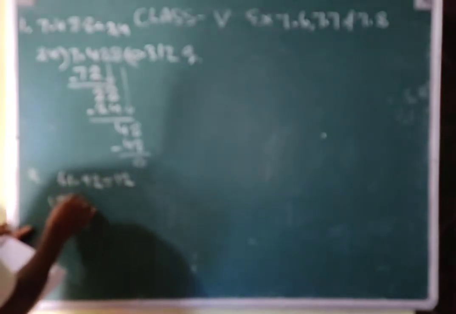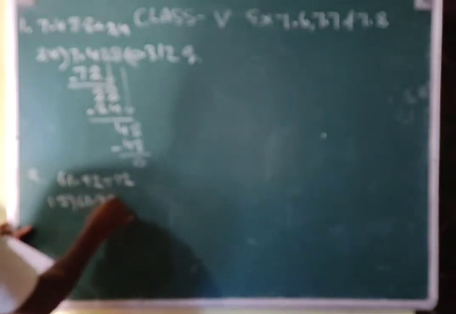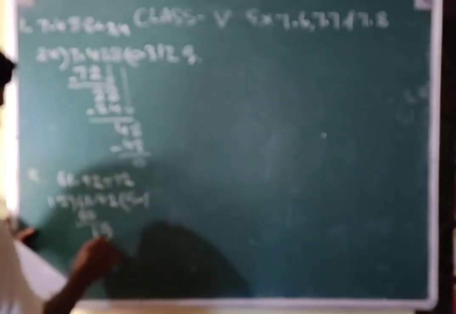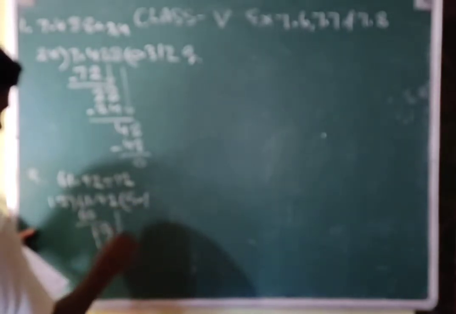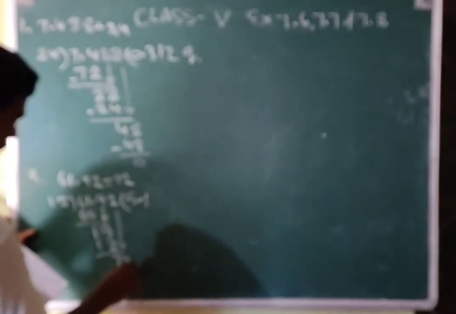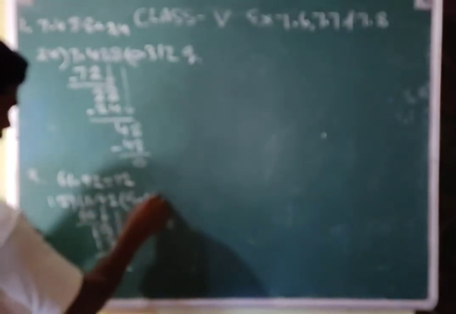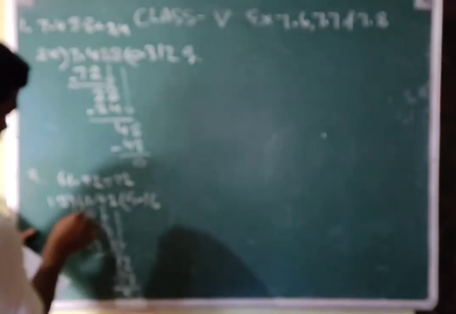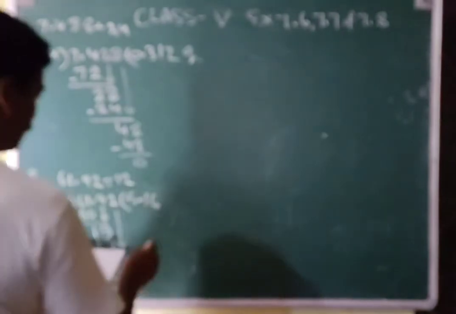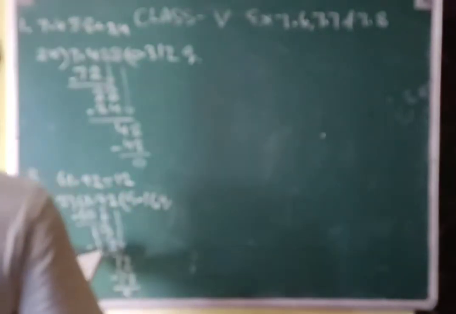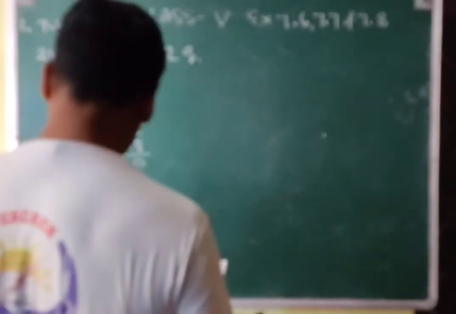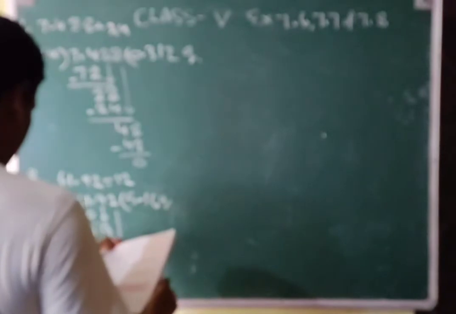So 12 into 61.92, 12 5 ja 60, and then 1, the decimal is started, so we will put the decimal. 9, 12 1 ja 12, then 7 is left, next digit is 2, so 72, 12 6 ja 72, that will be 5.16, that is the quotient. And then the third part you can do, you know everyone, the fourth part also, because the 11th table is given here.